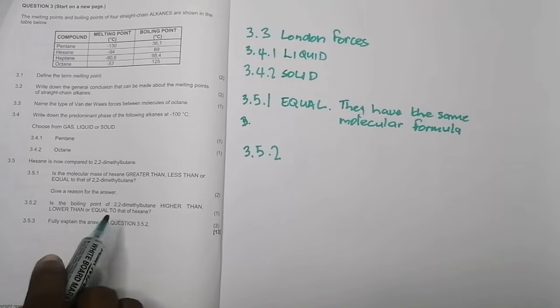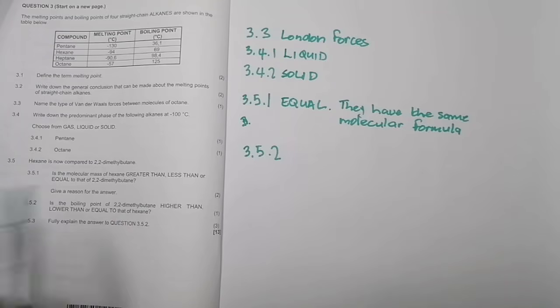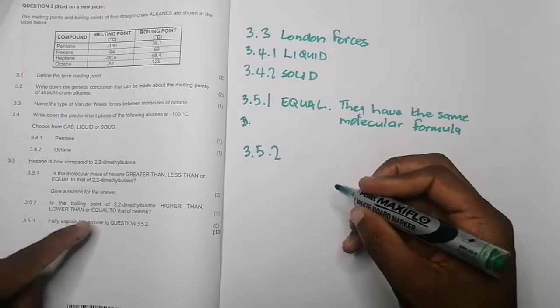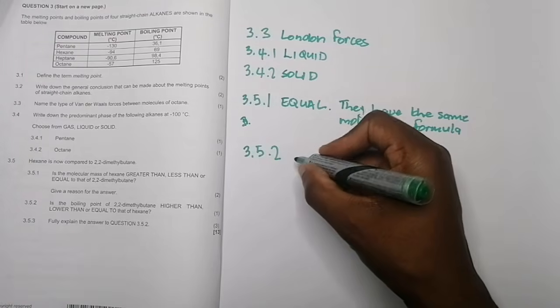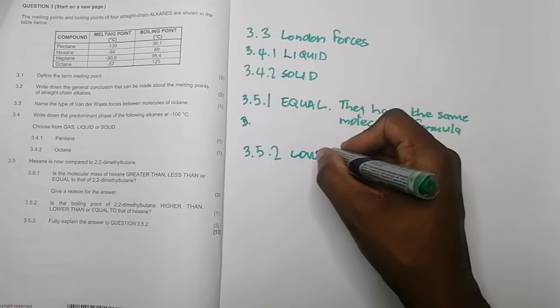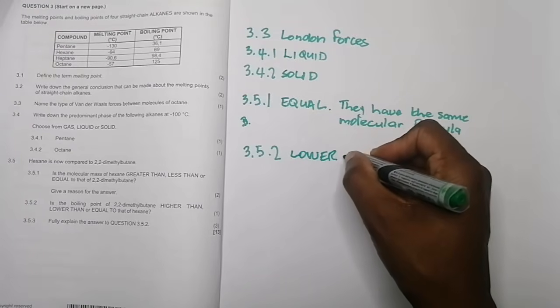And intermolecular forces increase with an increase in surface area. Because it's got a lesser surface area, it would have weaker London forces, so it would have a lower boiling point than hexane. So our answer should be lower than.